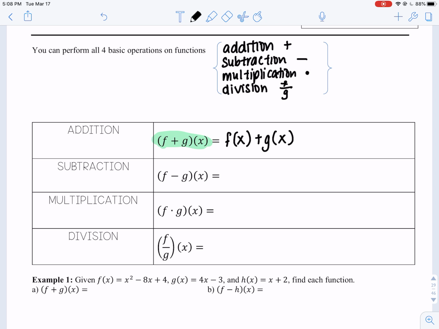We're going to rewrite it: f of x minus g of x. If you know where I'm going with this, you should have already filled out the next piece. Multiplication is f of x times g of x. And high five if you can get this last one by yourself. F of x divided by g of x. Nice job. High five.